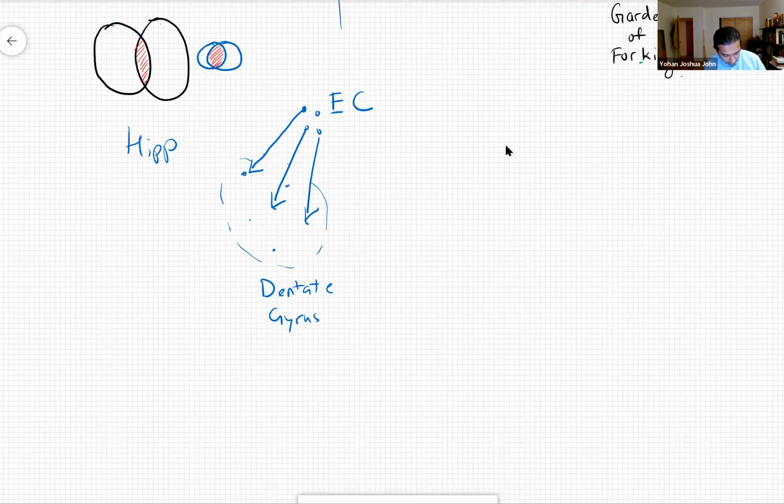They assume that this is crucial for pattern separation.